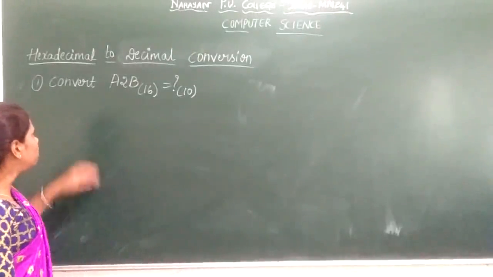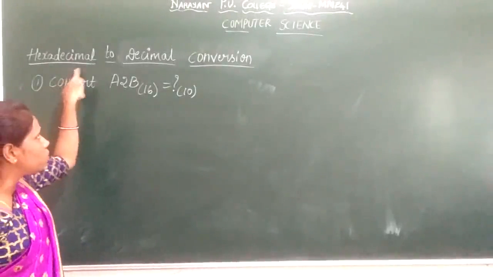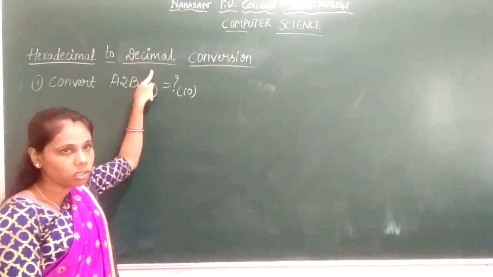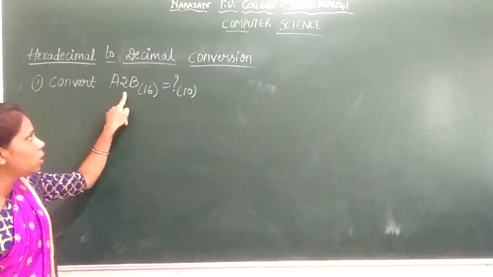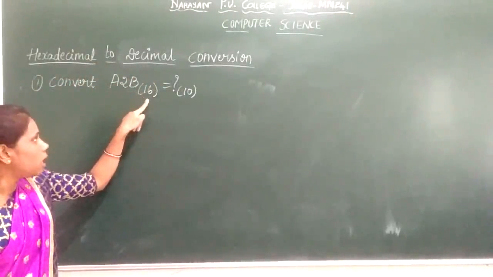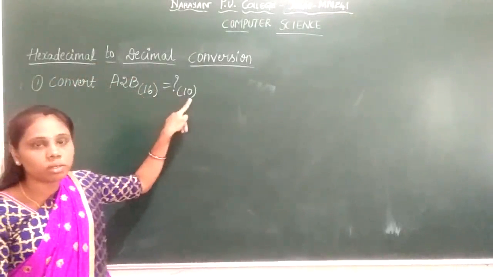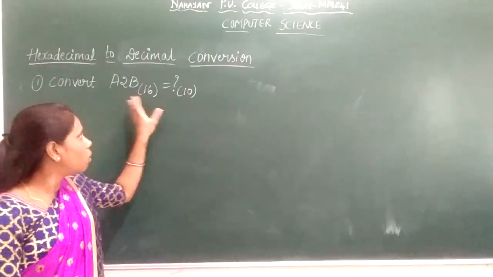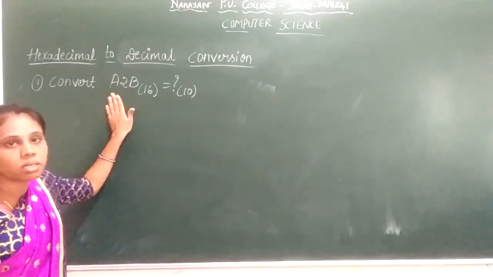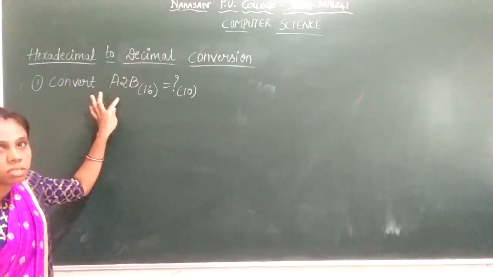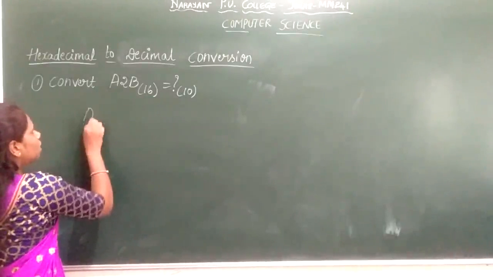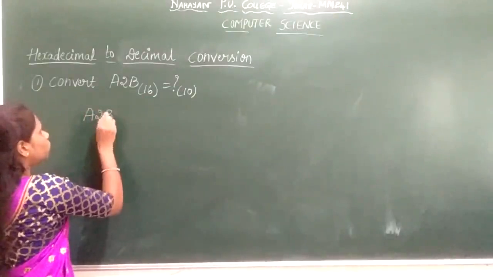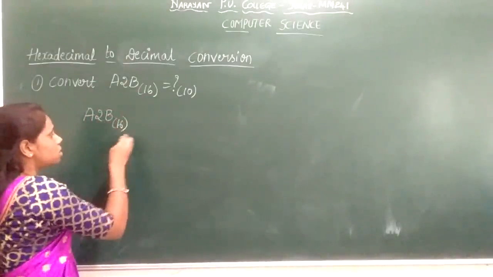Now another conversion, that is hexadecimal to decimal conversion. Here we have A2B, that is a hexadecimal number. You need to convert it to the decimal number system. What you should do is multiply these digits by 16. Now take A2B in hexadecimal.